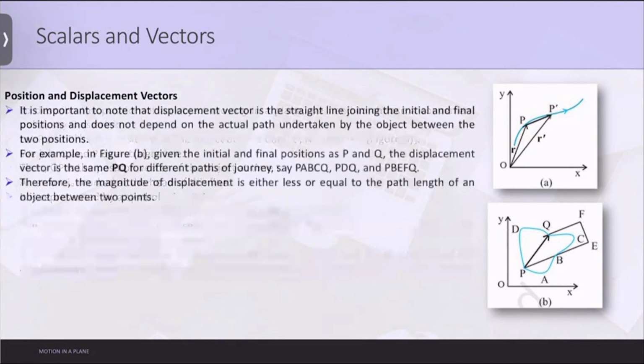Let's move on. It is important to note that a displacement vector is the straight line joining the initial and the final positions and does not depend on the actual path undertaken by the object between the two positions. Quite evident. This was the concept we also understood in motion in a straight line. So let us take motion in a straight line for consideration. Let us take this to be the origin.